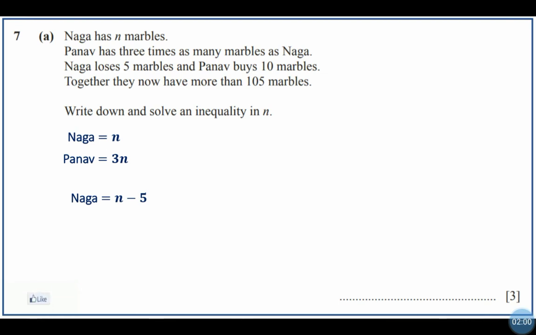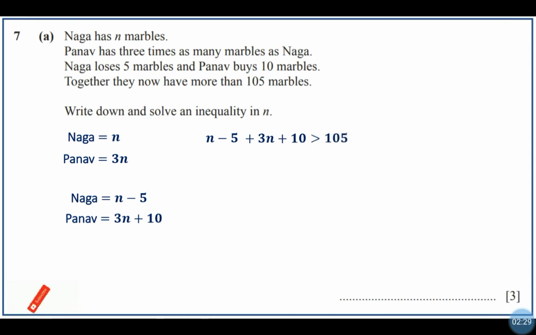And Panav buys 10 marbles, so I will just add 10 to the existing value of Panav, which is 3n. So plus 10. Together, they now have more than 105 marbles. So if I add n minus 5 and 3n plus 10, you have more than 105 marbles.